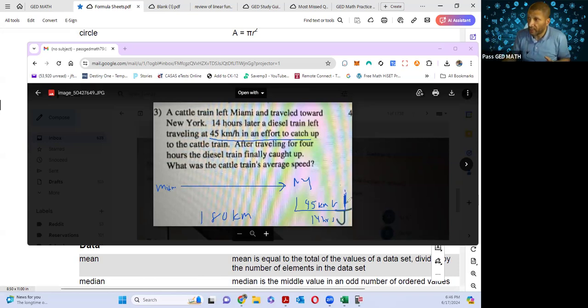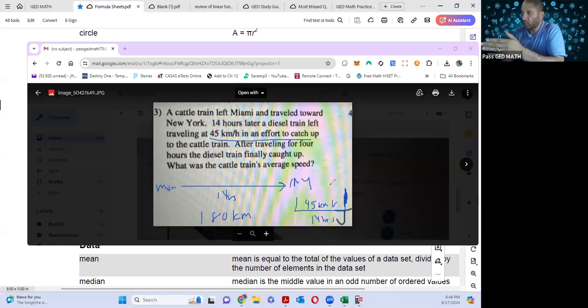So here, right here. You got 14 hours plus this time here, it caught up to that train because it says it left 14 hours later. In 4 hours, it caught up.